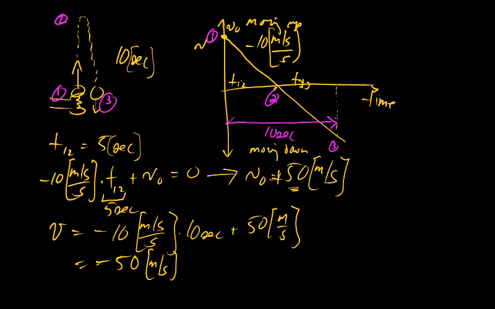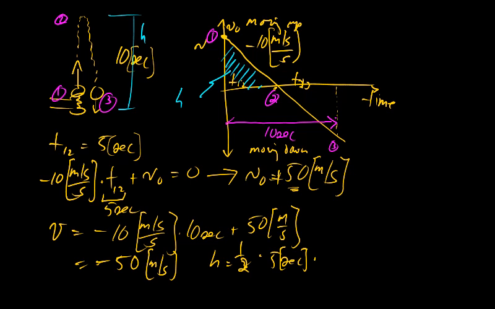Now, how high does it go? Well, this height is the area under the curve here. And so that is 1/2 the base, and the base is 5 seconds, that's t12, times the height, which is 50 meters per second.